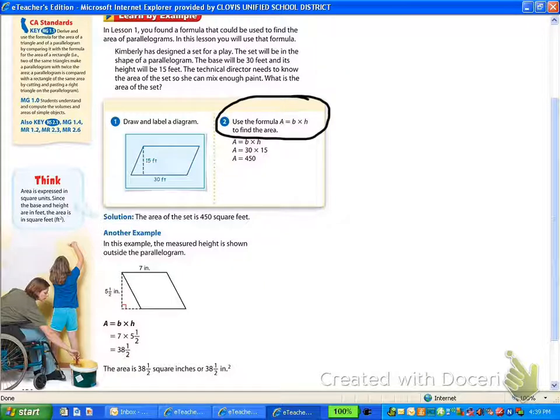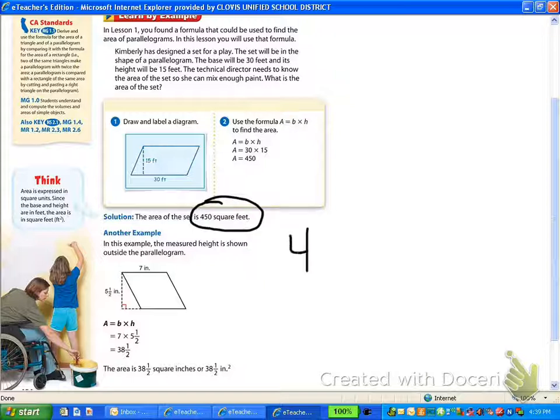It's the same way we looked for the area of complex figures. Base times height. So here the base is 30 and the height is 15. So you multiply those two together and our area was 450 square feet.